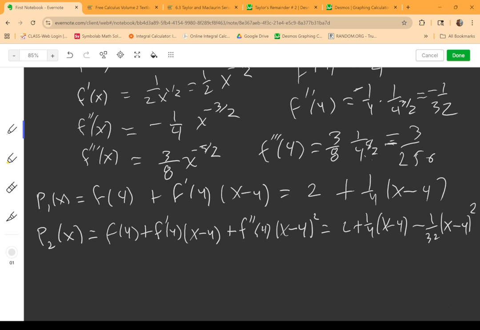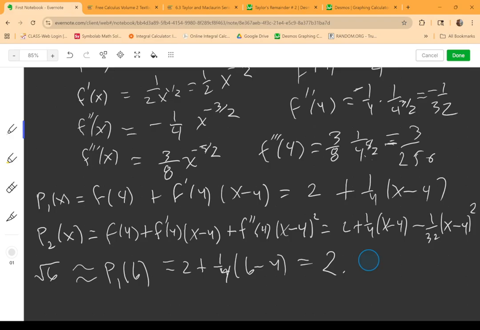All right, so now we have our two Taylor polynomials. And the next part of this question asks me to approximate root 6. So we now have our polynomial, and I'm going to have two approximations. The first one is using P1 of 6. You plug in 6 into our first polynomial, so that equals 2 plus 1/4 times 6 minus 4, and that equals 2.5.